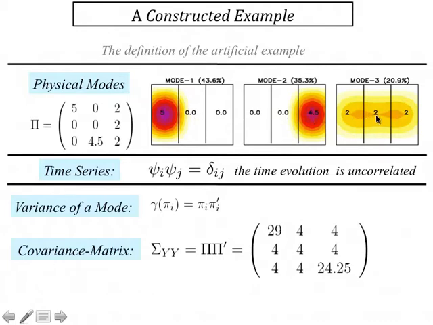And this one here is 2 squared, which is 4. So the variance in the middle is 4. And then the last point is the right point, which is 0 plus 4.5 squared, which is 20.25. And then the last one here also has some variance, it's 4. So we get 24.25. So the diagonal elements are just the variances, and I can just get them from the patterns. That's the way I constructed it.